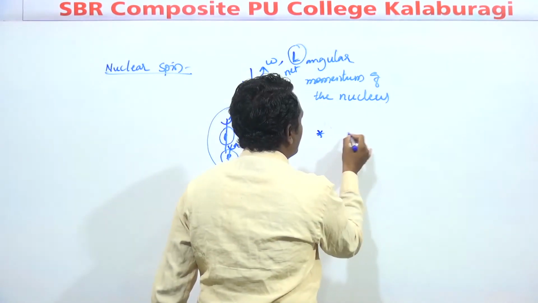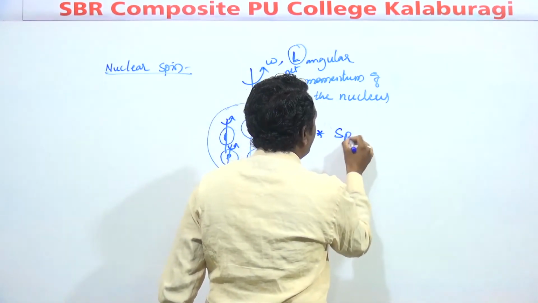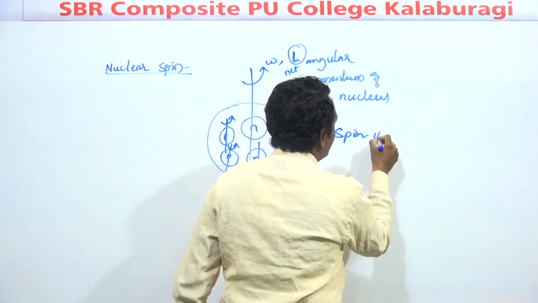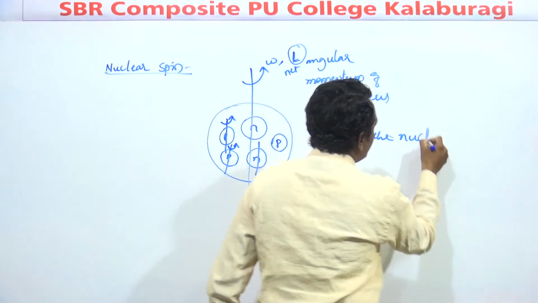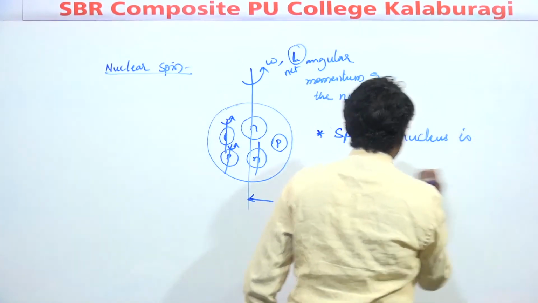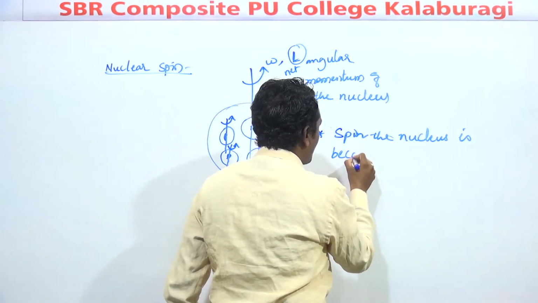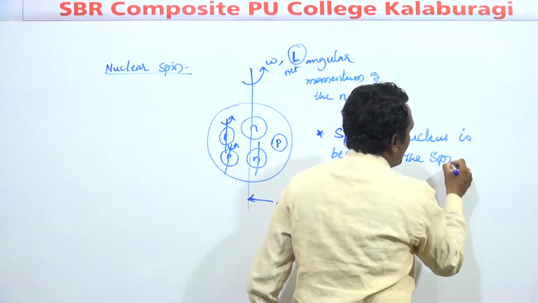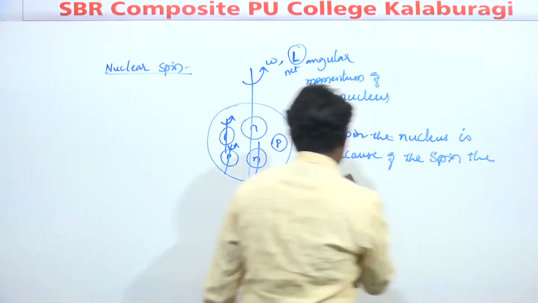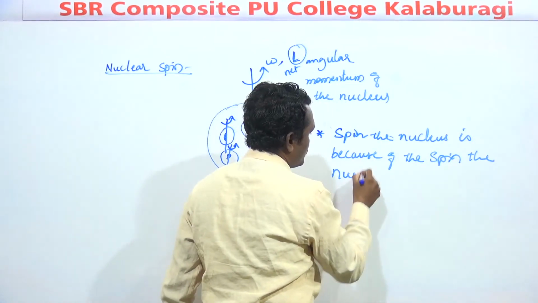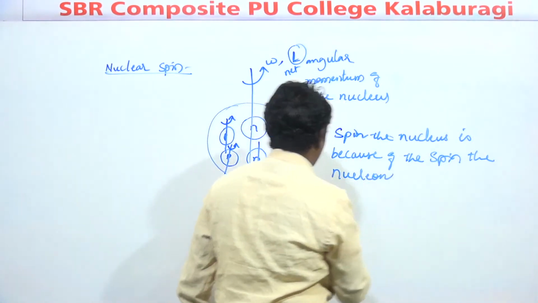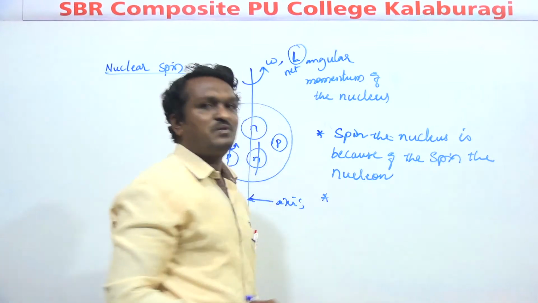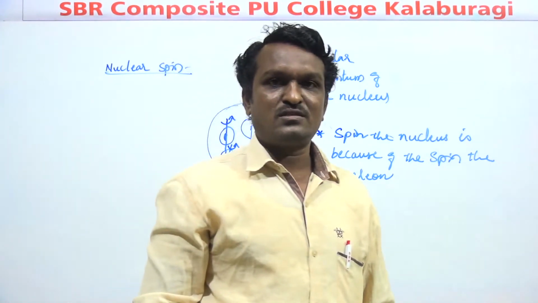The spin of the nucleus is because of the spin of the nucleons.